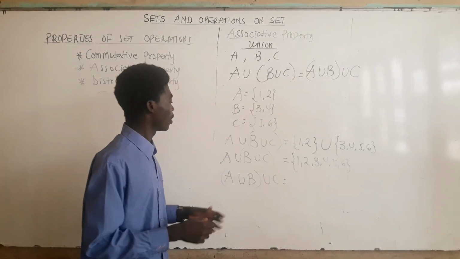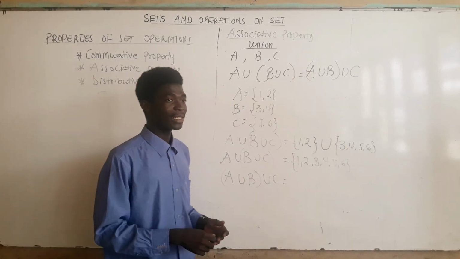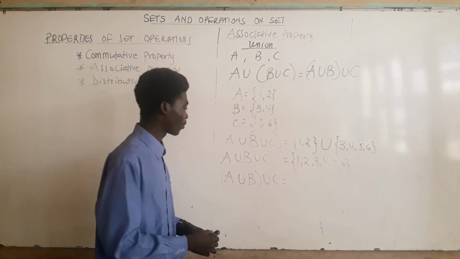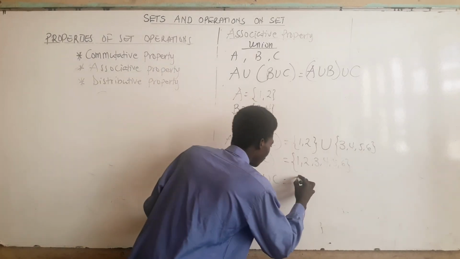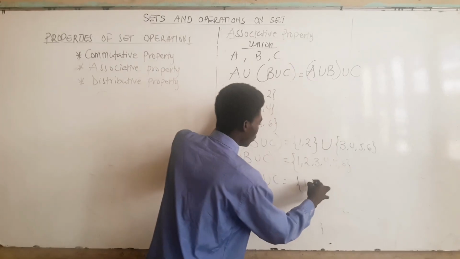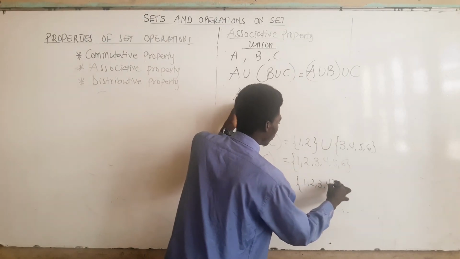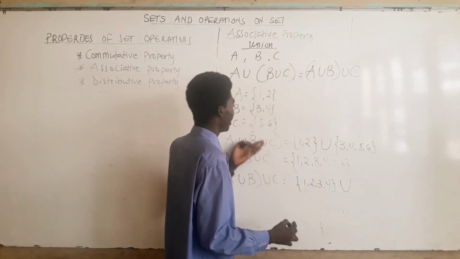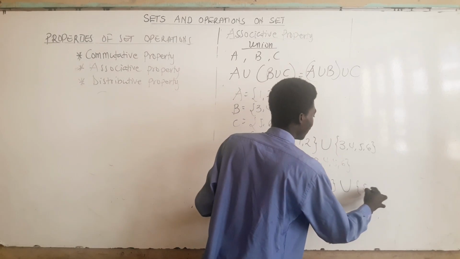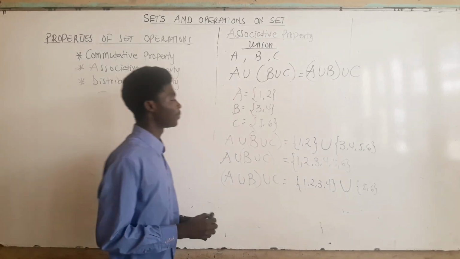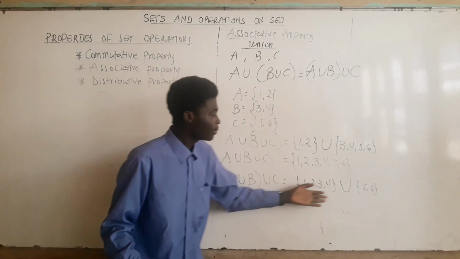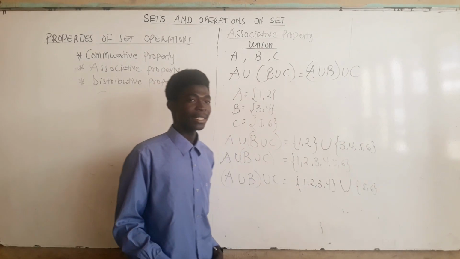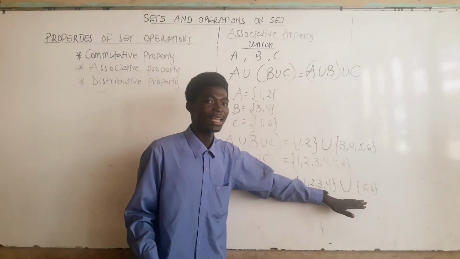So let's see. What is the combination of A and then B? We have 1, 2, 3, and 4. So that is the first one. The first one union C, and C is 5 and then 6. Now let's bring these sets together because of the operation sign union.